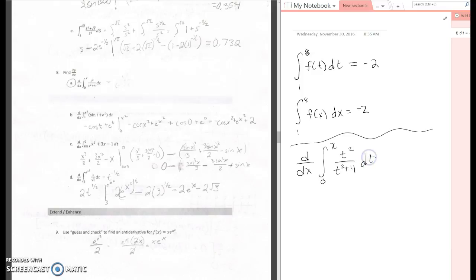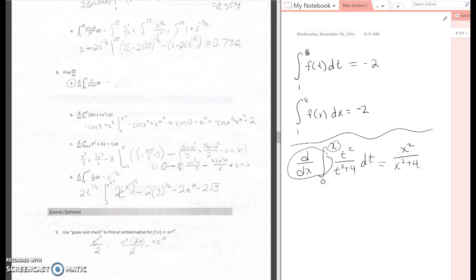And what the first fundamental theorem of calculus says is that the derivative and the integral kind of cancel each other out. So when we want to take the derivative of this integral where the variable's up top, all we actually do is plug in this variable for any of the variables in the function, in what we call the integrand. So our answer here would just be plugging in x for the t. So we'd have x squared over x squared plus 4. That would be our derivative.